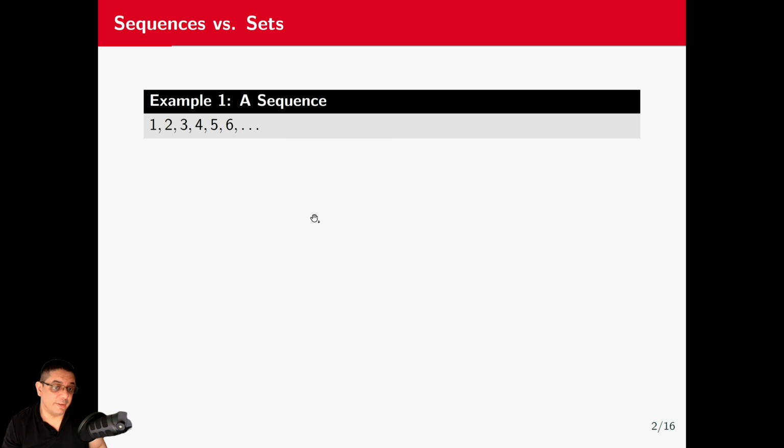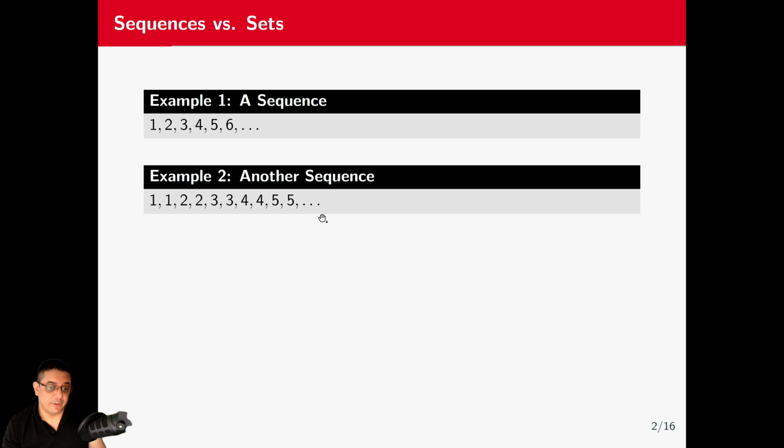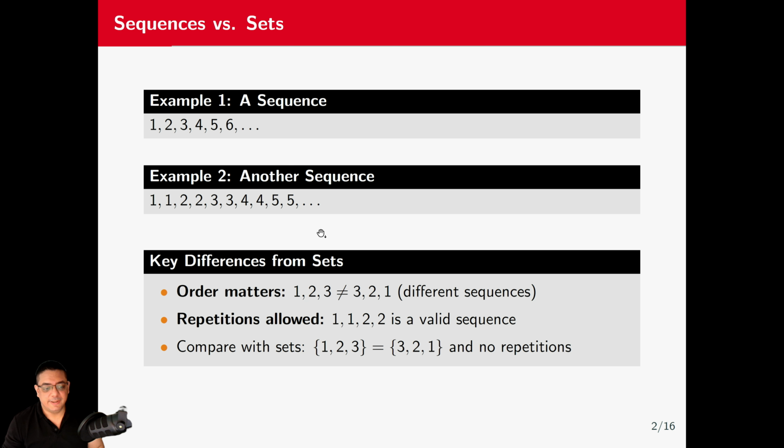One simple example would be the sequence 1, 2, 3, 4, 5, 6. Another sequence would be 1, 1, 2, 2, 3, 3, 4, 4, 5, 5. The difference from sets is that order matters. So 1, 2, 3 is not the same as 3, 2, 1; those are different sequences.